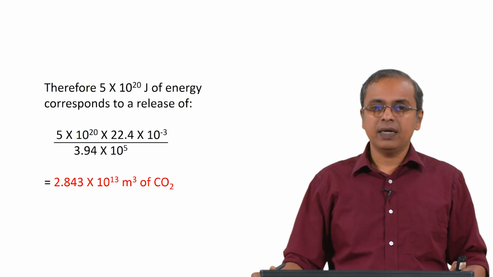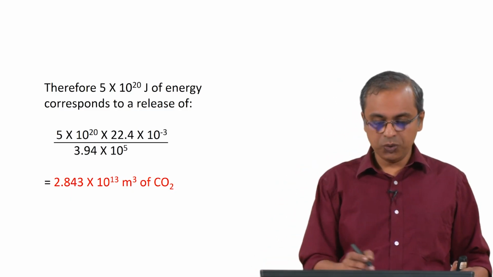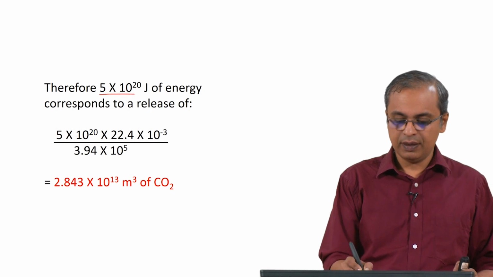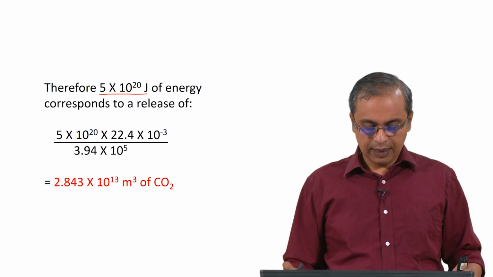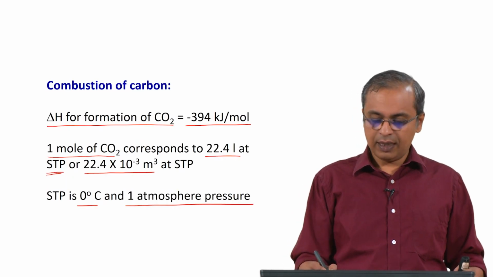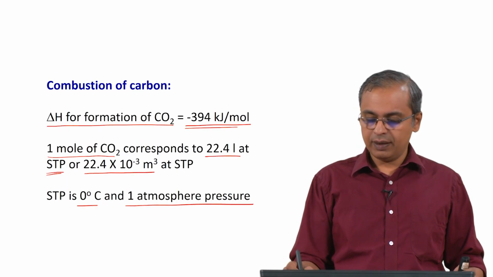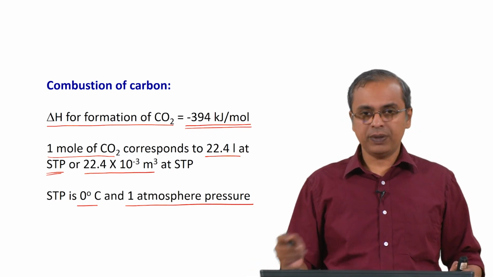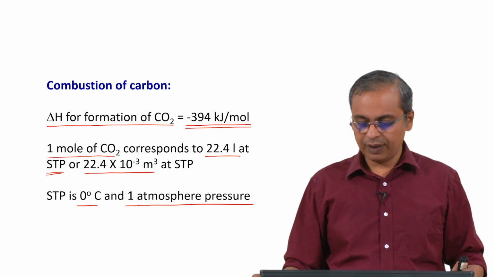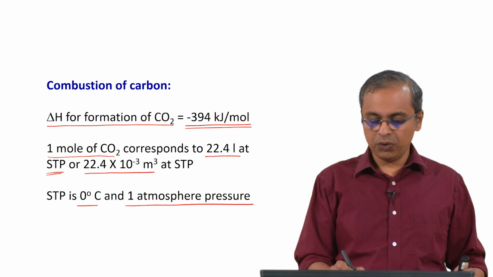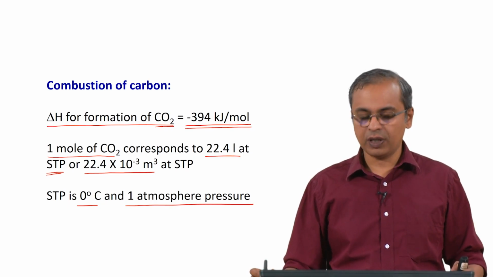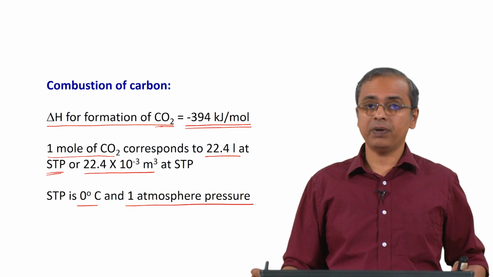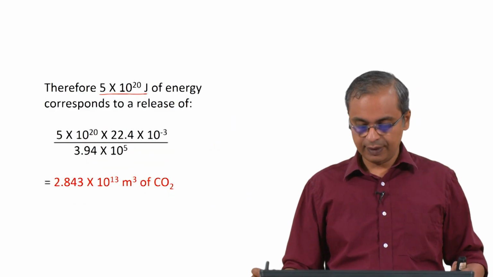So given that we have this information, let us look at what we are dealing with. As I said, we have 5 into 10 power 20 joules of energy that we are consuming per year. So if you go back here, the heat that is released when you burn 1 gram of carbon, or when you release 1 mole of CO2, in the process of releasing a mole of CO2, the amount of energy released is 394 kilojoules, or 3.94 into 10 power 5 joules per mole.